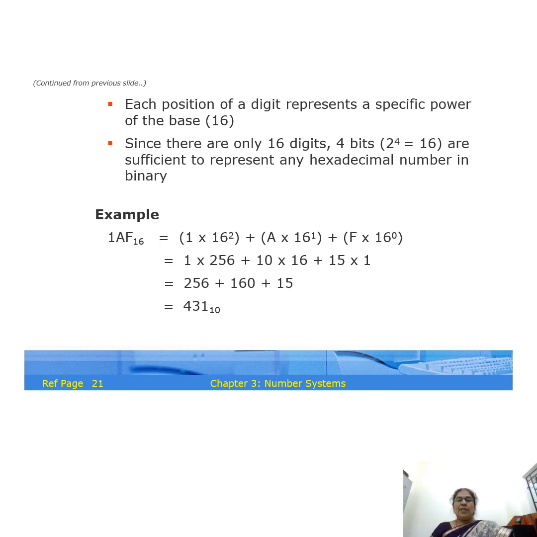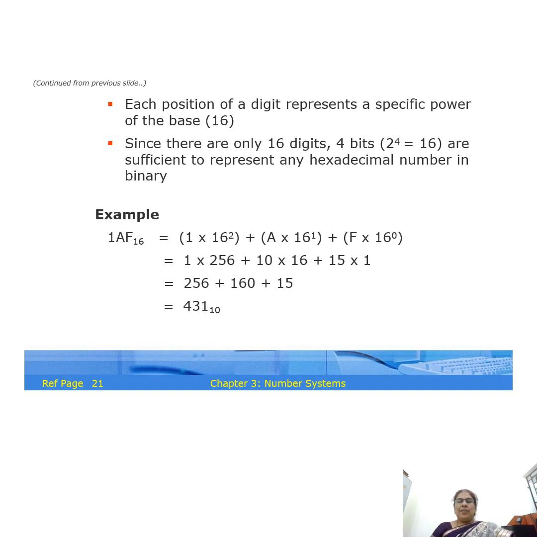So a hexadecimal number has to be represented like this; this example shows the conversion of hexadecimal to decimal. Here we are going to calculate using base 10. So 16 to the power 0, 16 to the power 1, 16 to the power 2.